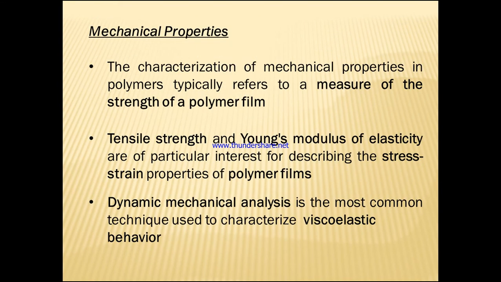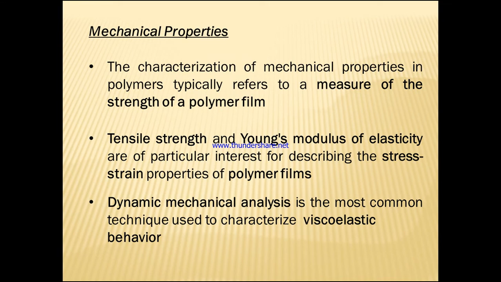When we talk about mechanical properties, characterization of the mechanical properties of a polymer typically refers to the measure of the strength of the polymer film, or it may be nanomaterials. Tensile strength and Young's modulus of elasticity are of particular interest for describing the stress-strain properties of polymer films or nanomaterials.